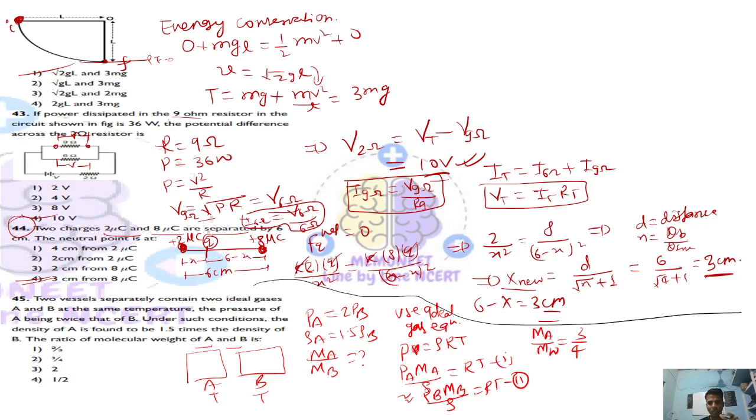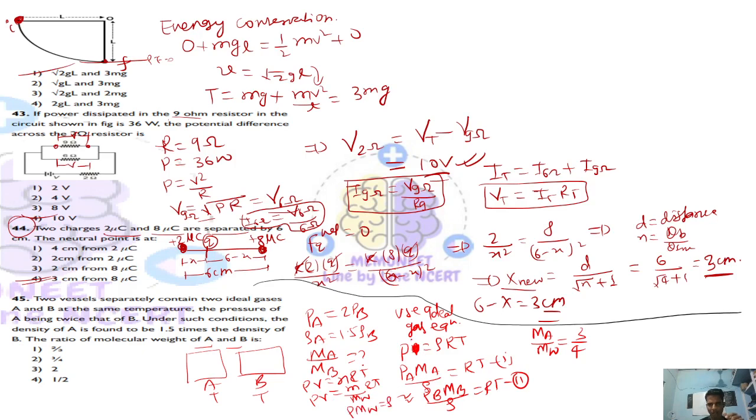Sorry, we have PV equals nRT, let me check it out. Mole equals mass upon molecular weight, into RT, and taking V here, it's P times molecular weight equals rho RT.